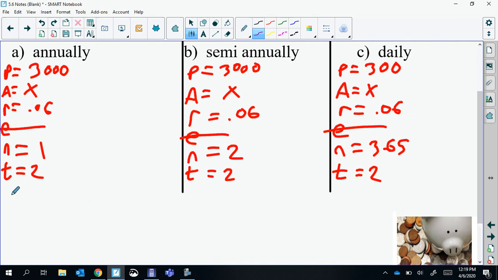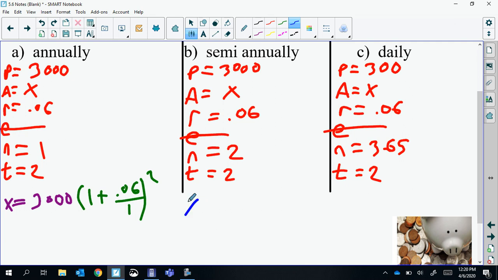So now we need to write out our equations. A equals P times one plus R over N, to the N times T, 1 times 2. And for our second equation, same thing. A equals P times one plus R over N, to the N times T, so 2 times 2, that's 4 for our exponent.